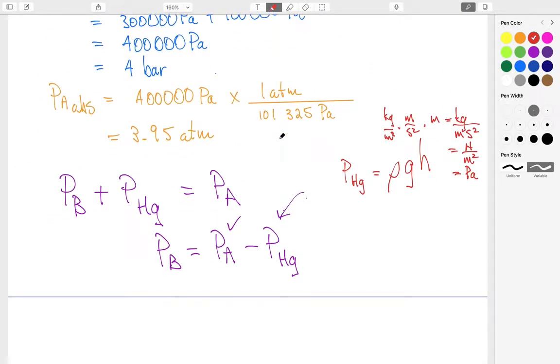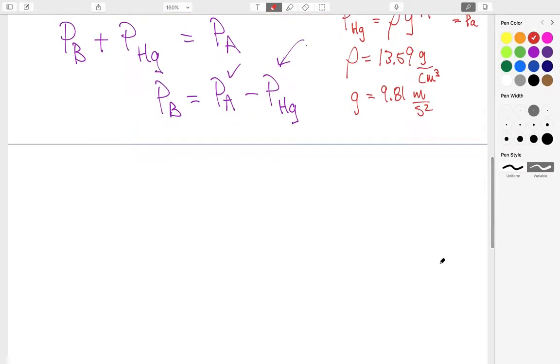We're going to say that density from the first question was 13.59 kilograms per cubic meter. Excuse me, that is grams per centimeter cubed. And g will be equal to 9.81 meters per second squared.